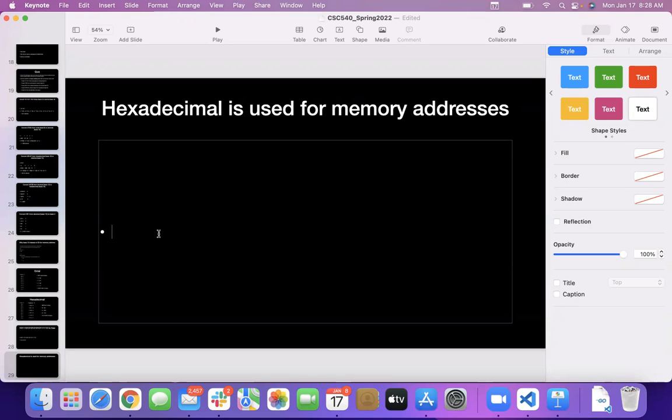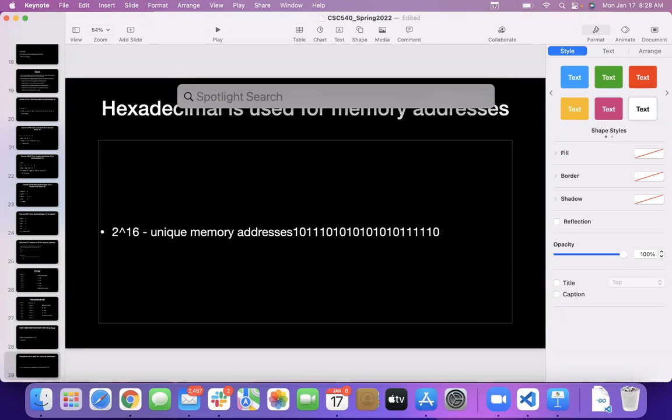So if every single house is 1 byte big, that means with 16 bits we can have 2 to the 16th unique memory addresses. 2 to the 16th should be something like 4 billion?